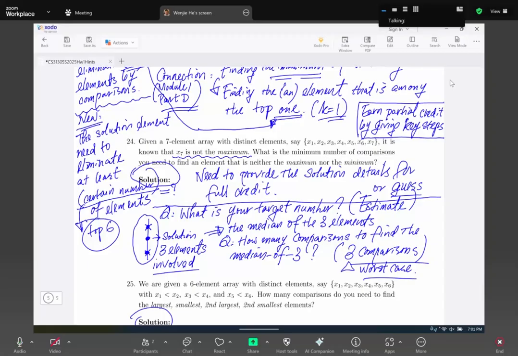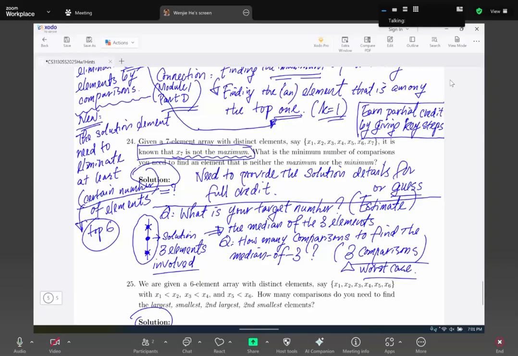With that answer, now we get back to this question. If we ignore this condition, then we solve that modified question with 7 elements.